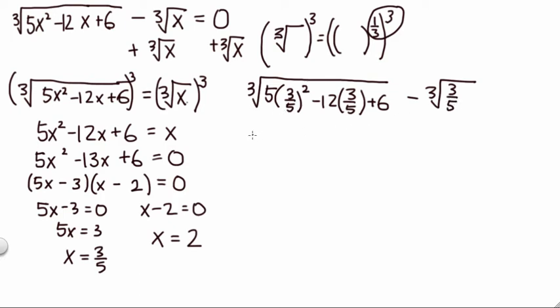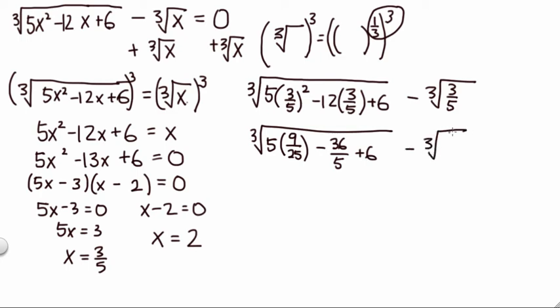If we do this out, it is 5 times 3 squared is 9, 5 squared is 25, and then minus 36 over 5 plus 6, and then I still have the cube root of 3/5.